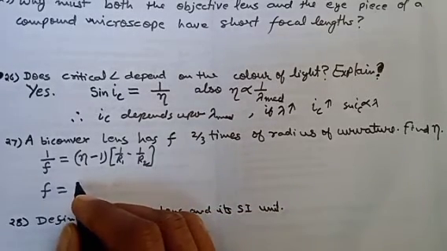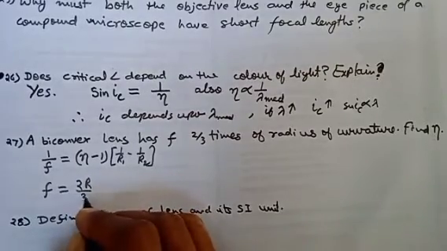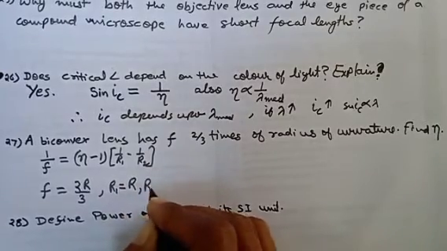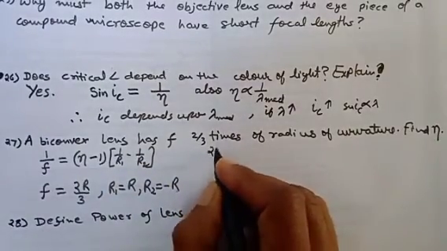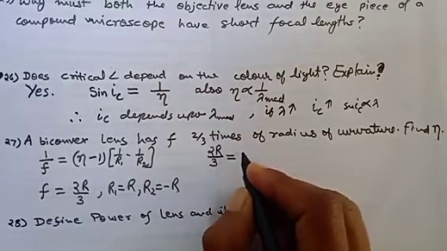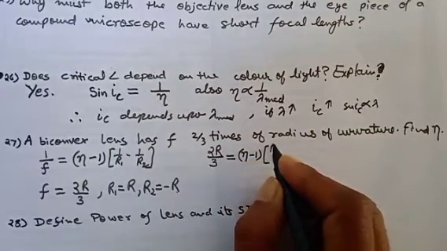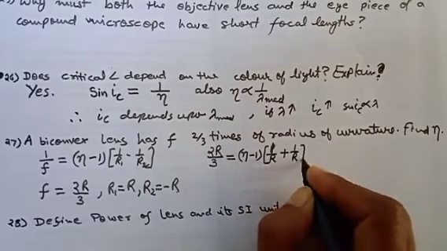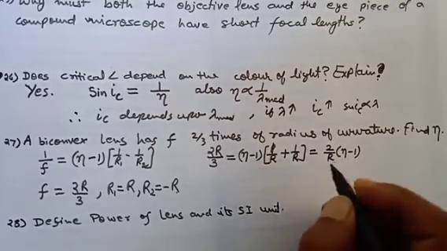Let us suppose the radius of curvature is r, so it is 2r by 3. r1 is r, r2 is minus r. So we'll put the values here. So it will be 2r by 3 is equal to eta minus 1 need to be calculated, 1 by r minus minus, it will be plus, so 2 by r eta minus 1.